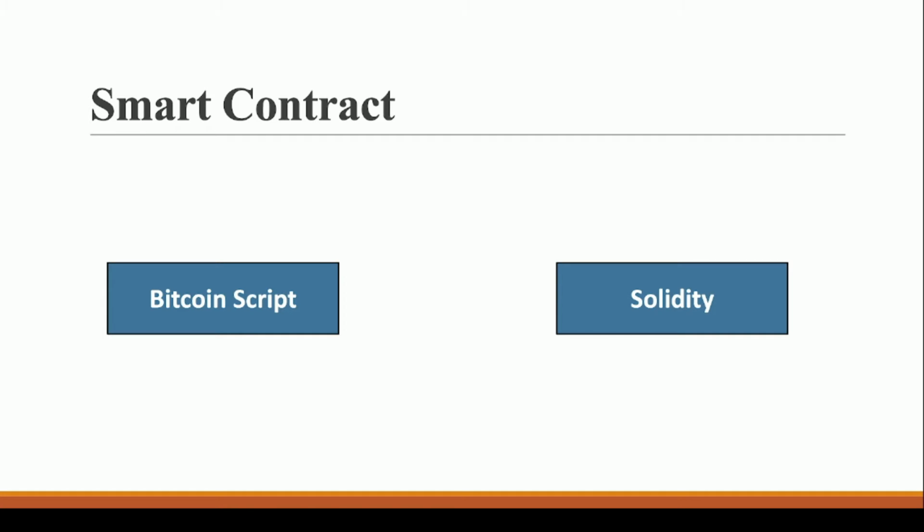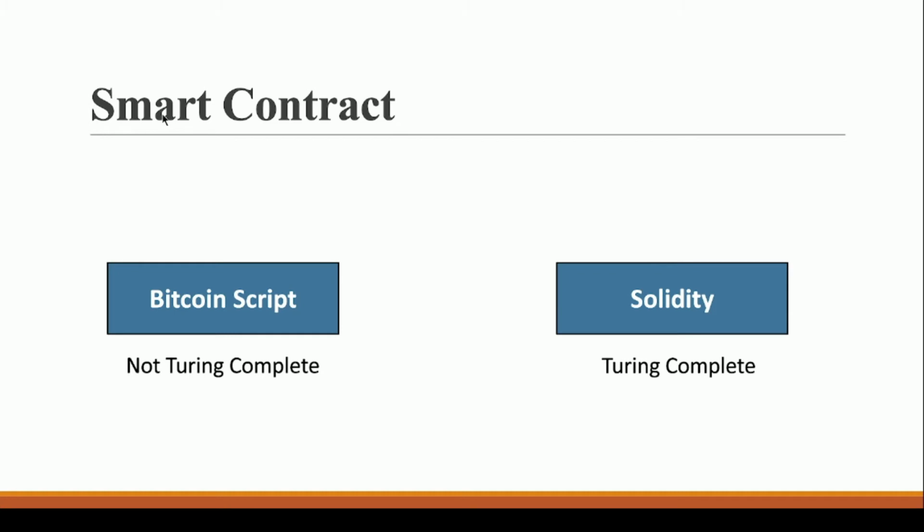It is a very popular programming language for the Ethereum blockchain. You might have heard this name, Solidity. We use it to write programs on the Ethereum blockchain. Now, Bitcoin script is not Turing complete, while Solidity is Turing complete. What do I mean by that?